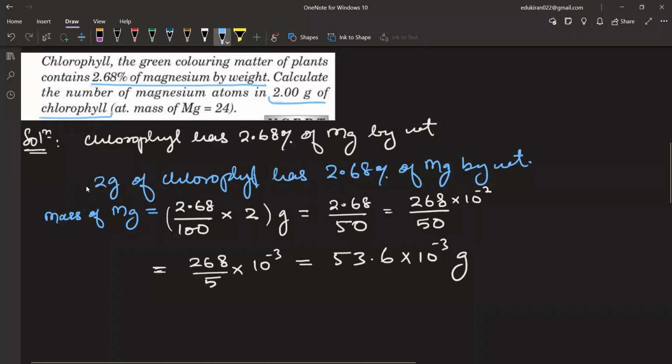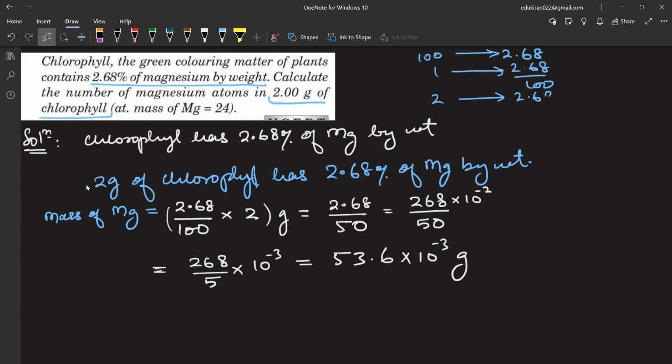It's fine. How did you start? 100 contains 2.68, so 1 will contain 2.68 upon 100, and hence 2 will contain 2.68 upon 100. Same thing we have written.